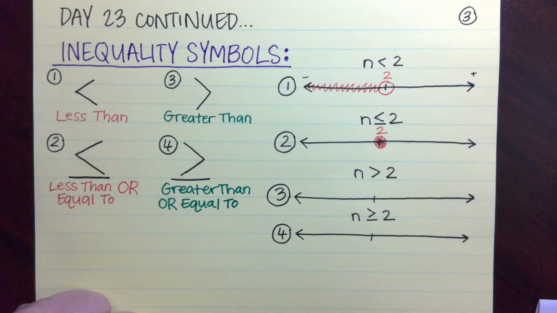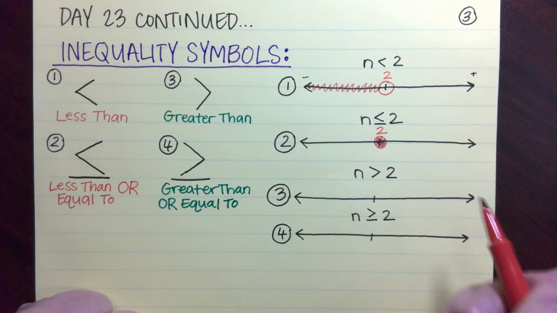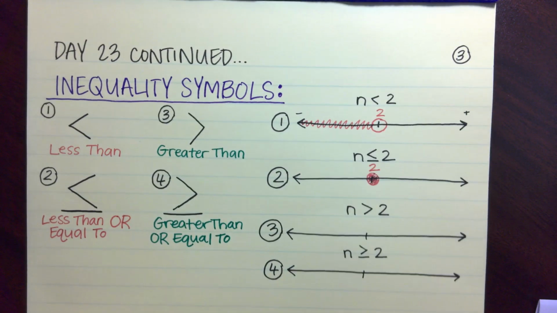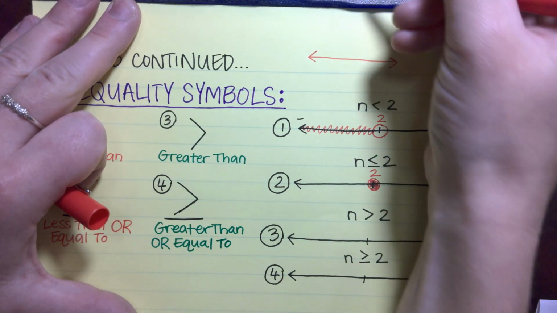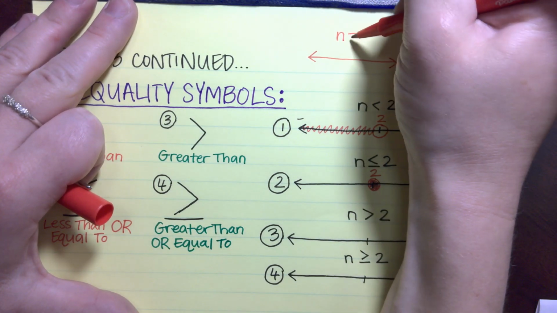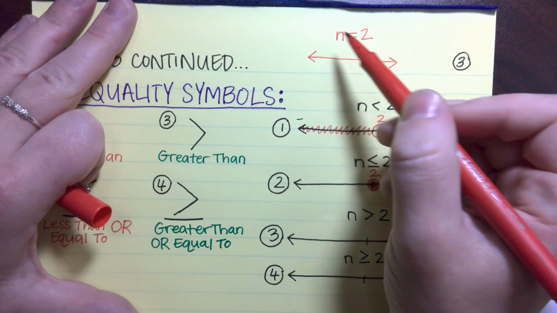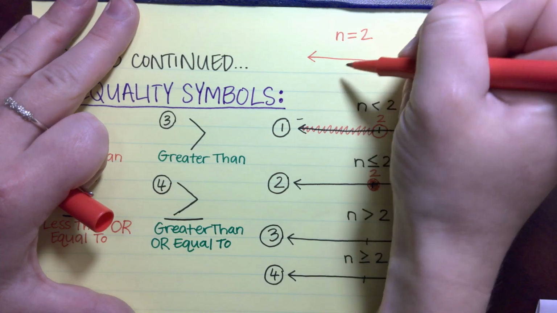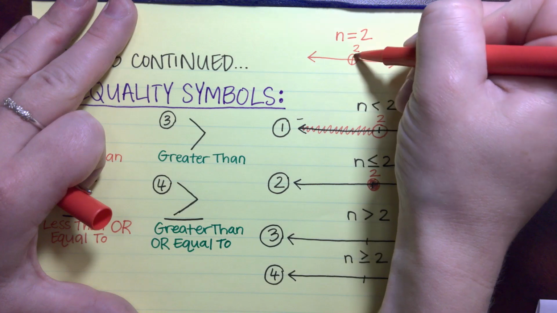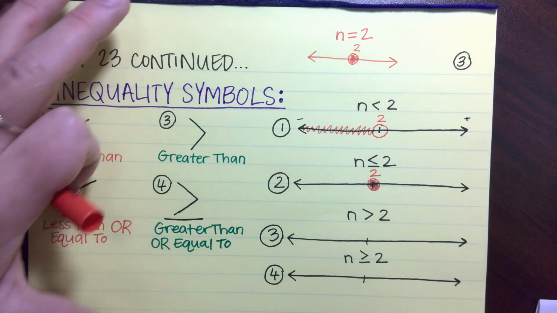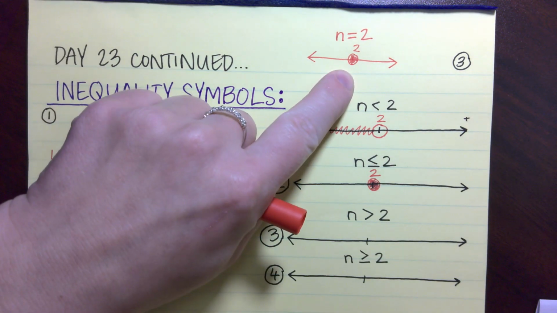So guys, also, if you wanted to, I'll show you a fun side example. If I said n is equal to 2, like no comparison, it's just n equals 2, this is how we would graph that. We just wouldn't shade either direction. It's just 2.